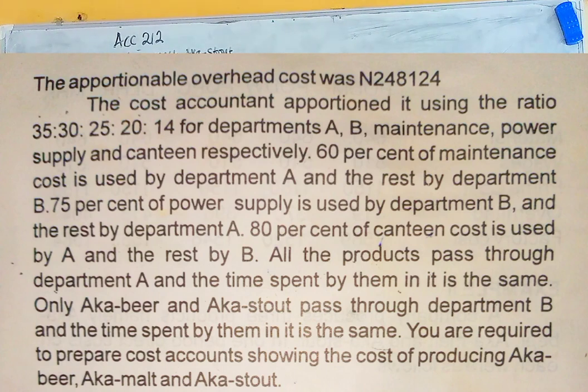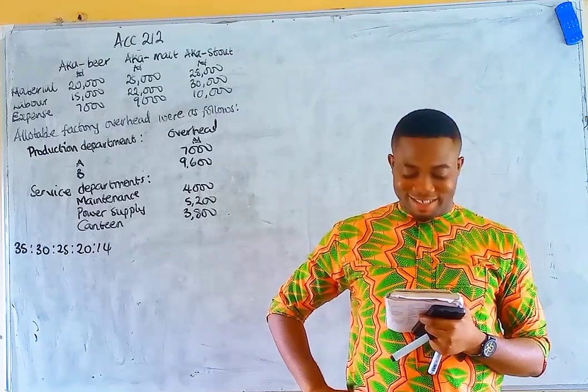All the products pass through department A and the time spent by them in it is the same.